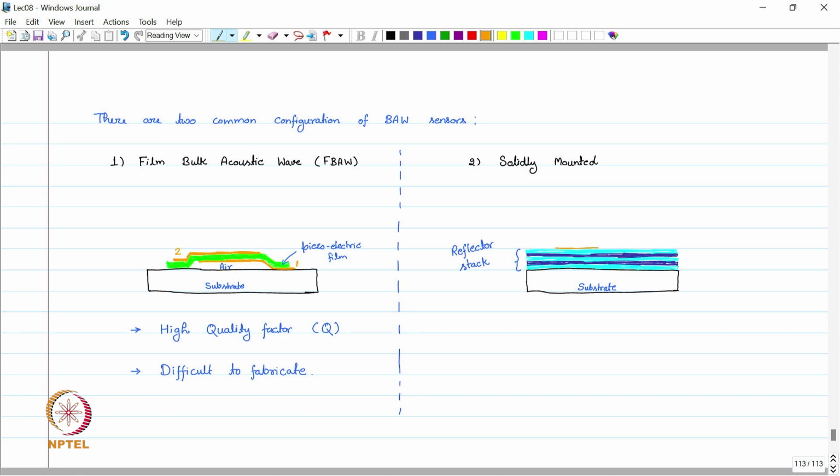So we place the first metal, and then we put the piezoelectric material, and then we put the second electrode here.